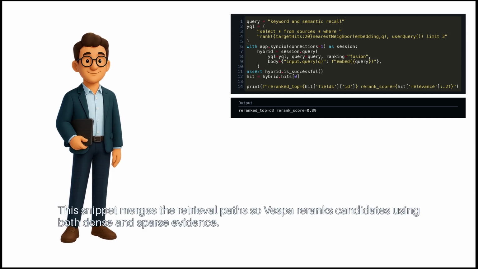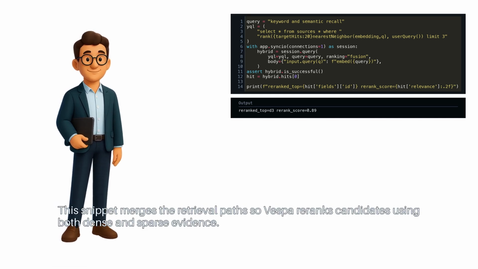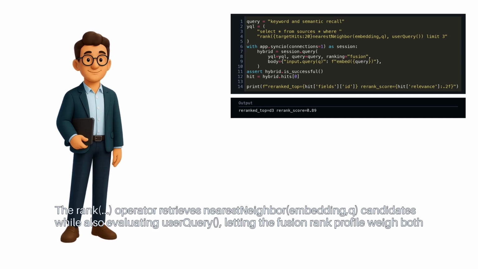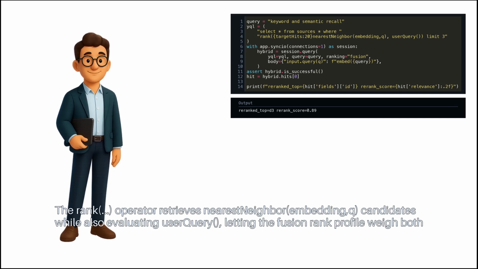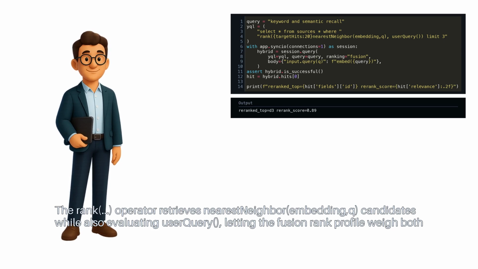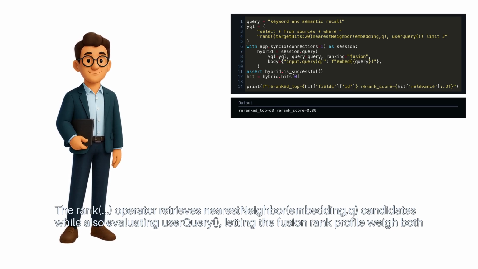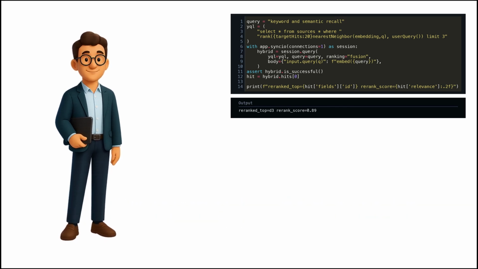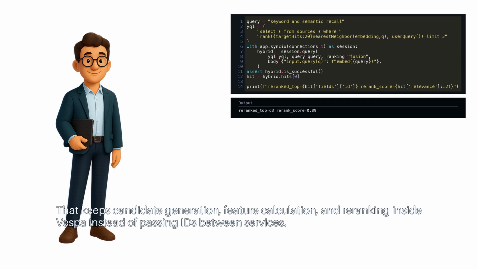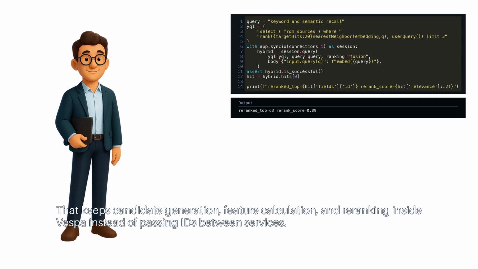This snippet merges the retrieval paths, so Vespa re-ranks candidates using both dense and sparse evidence. The rank operator retrieves nearestNeighbor embedding Q candidates, while also evaluating user query, letting the fusion rank profile weigh both signals. That keeps candidate generation, feature calculation, and re-ranking inside Vespa, instead of passing IDs between services.